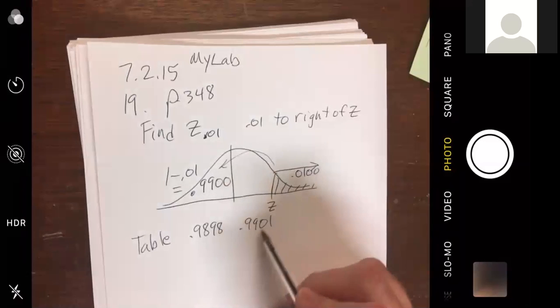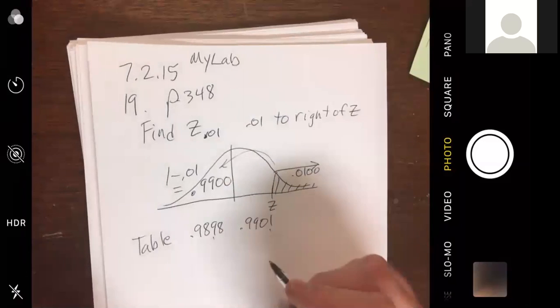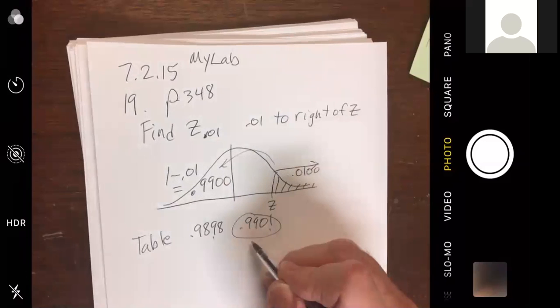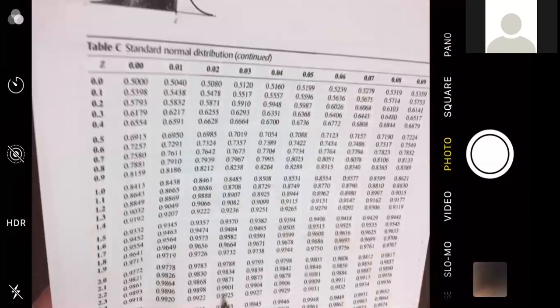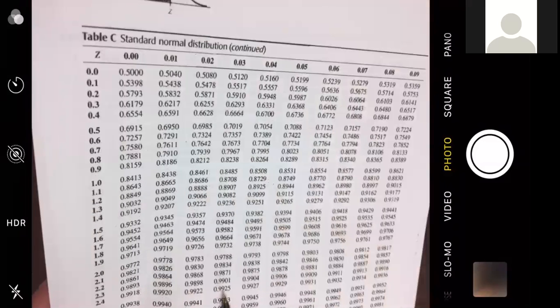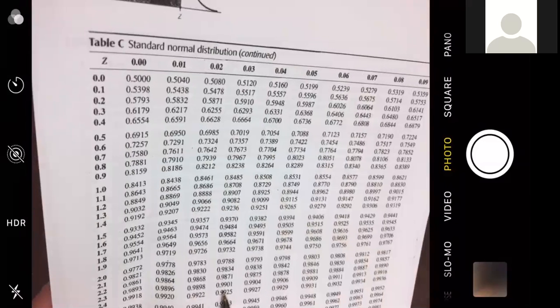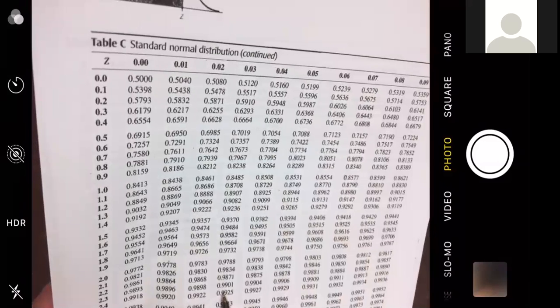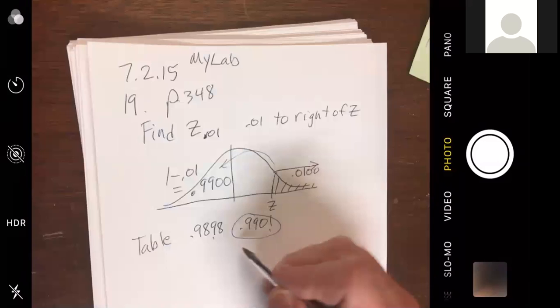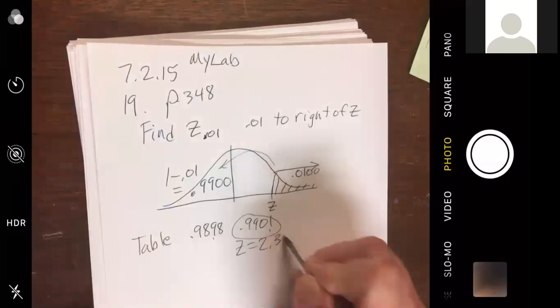These are pretty darn close, 2 low, 1 high. But we'll go with this one, giving me a Z. You're on row 2.3, column 03, 2.33.